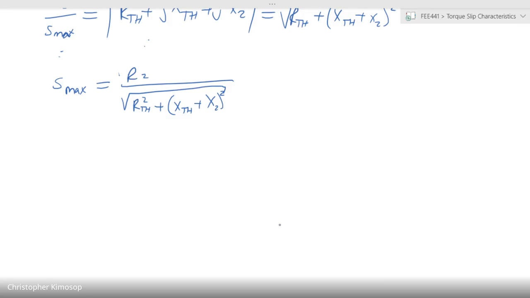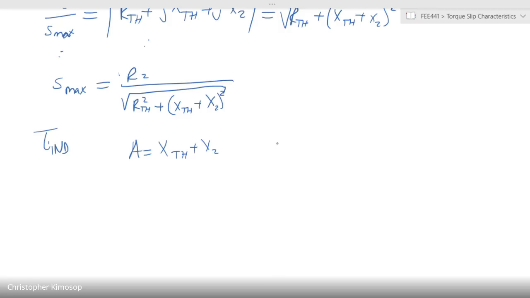Now, in order to determine our maximum induced torque, let's do a few substitutions. In order to make things a bit easier, let's make two substitutions. Let A equal X Thevenin plus X2.